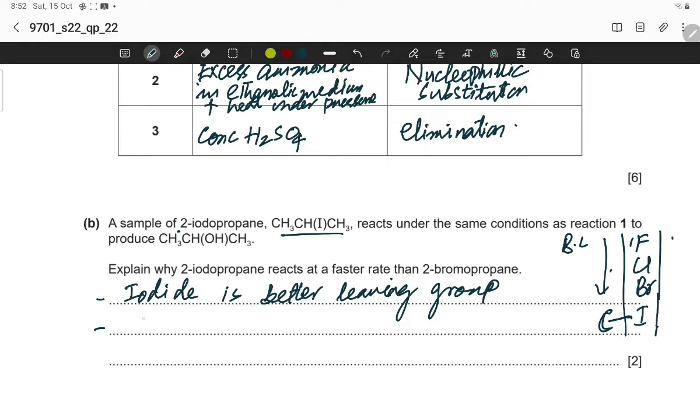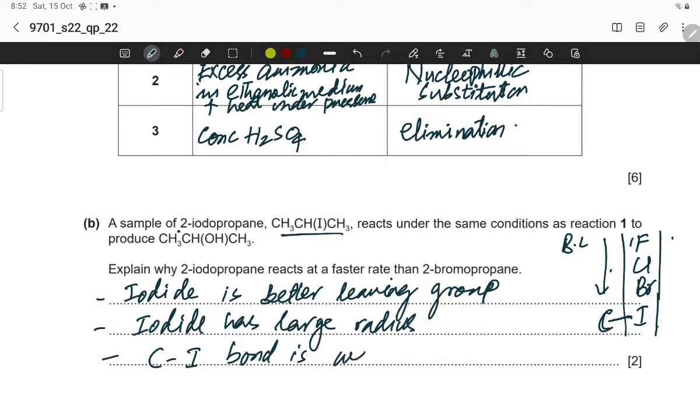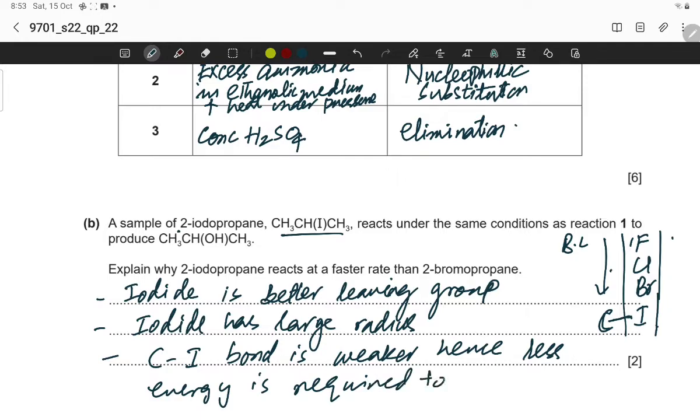as iodine has a larger radius, the C-I bond is weaker, hence less energy is required to break the C-I bond.